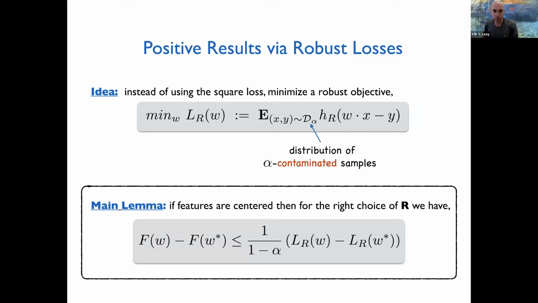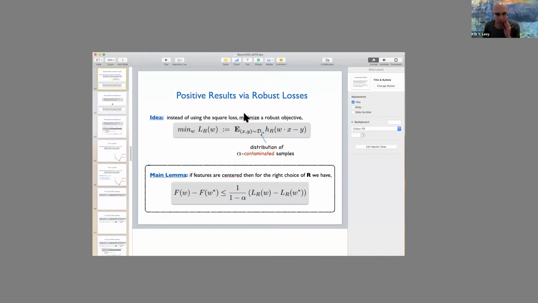Yes, the L2 part is important to make sure that we have the same loss for the correct samples. I see. So the question here, does the generalization bound converge? The generalization bound shows that we have convergence here. We converge to a good solution with respect to the clean data.